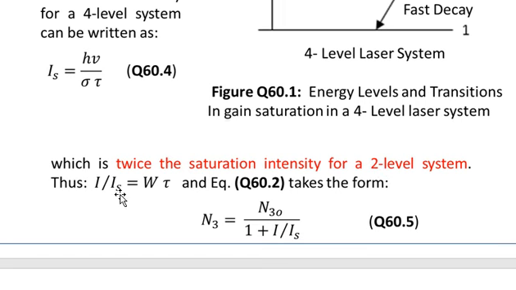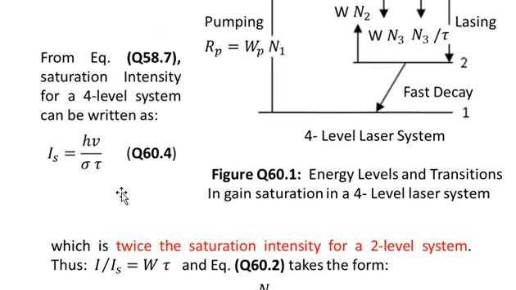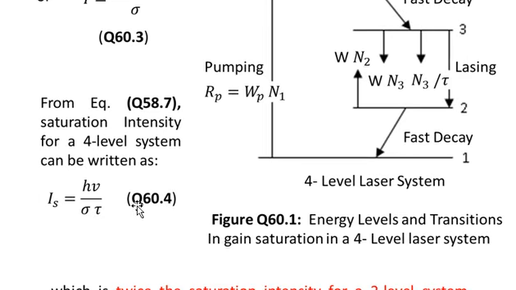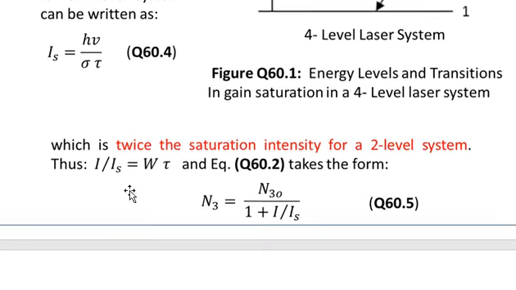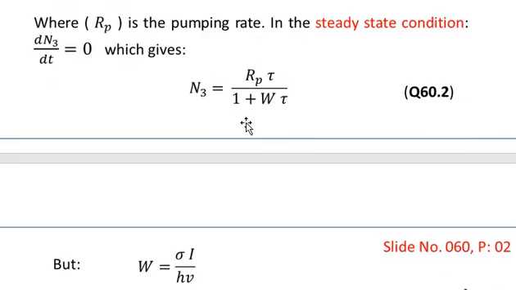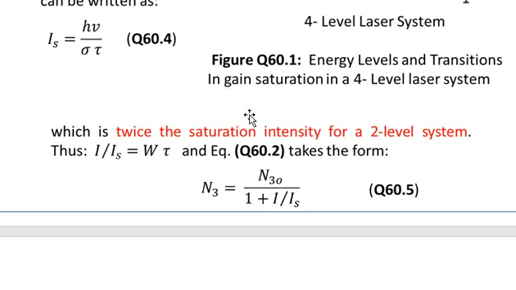Thus, if you take the ratio of I from equation number 60.3 and Is from equation number 60.4, that is I over Is, that will be equal to W into tau, and equation number 60.2 takes the following form. This equation 60.2 can be written now by replacing W tau by I over Is.